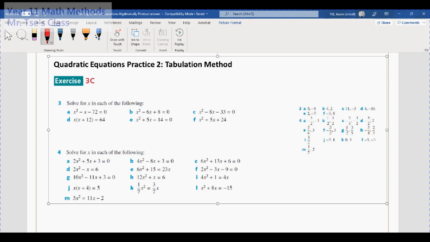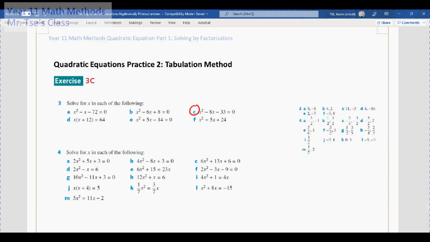So let me get you to do this one and that one. For F, you need to rearrange that. Then for the following questions, you have harder ones, which are more difficult.